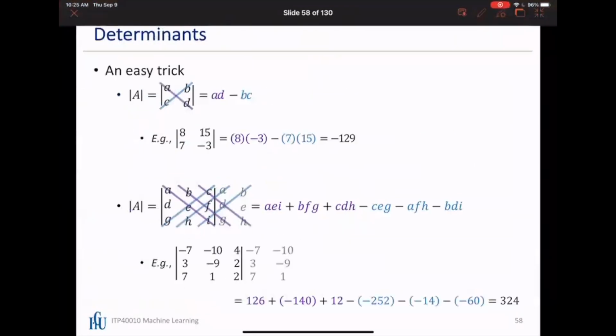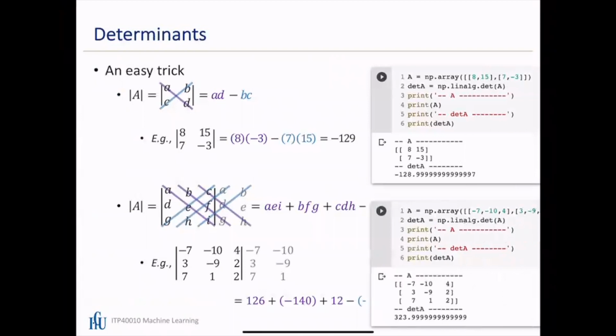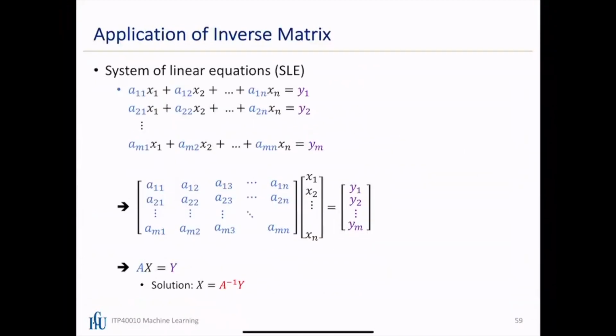Now let's start our discussion of the application of the inverse matrix and also matrix as a linear transformation. If you apply the idea of the inverse matrix, you can easily come up with a solution to a system of linear equations.